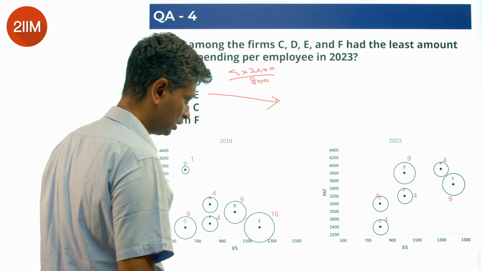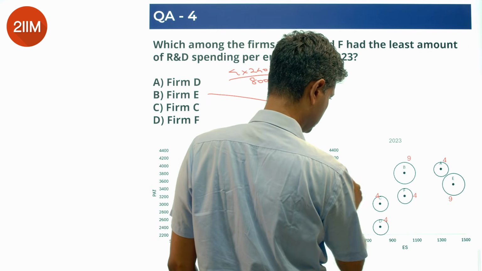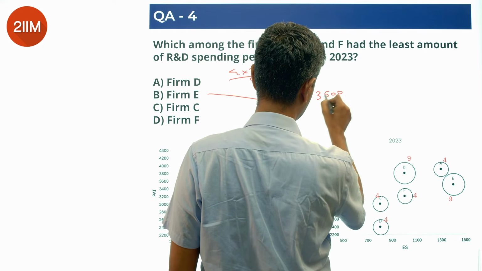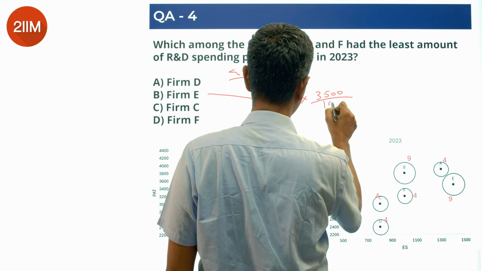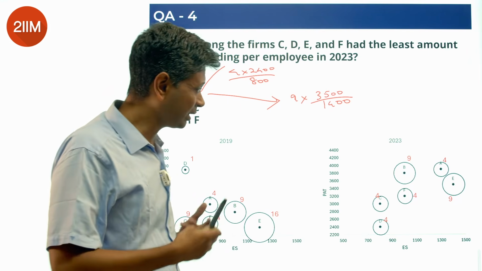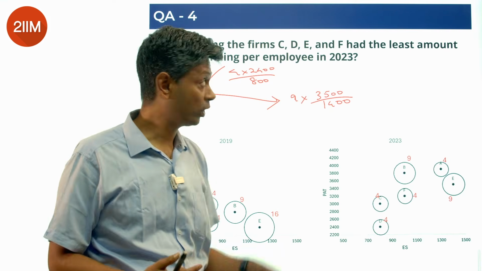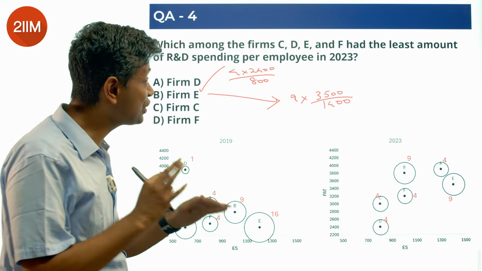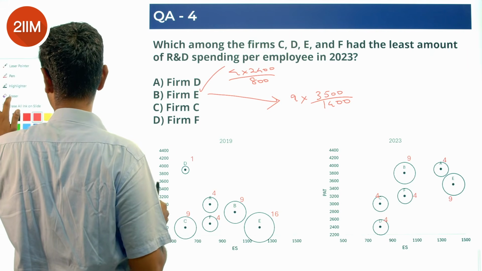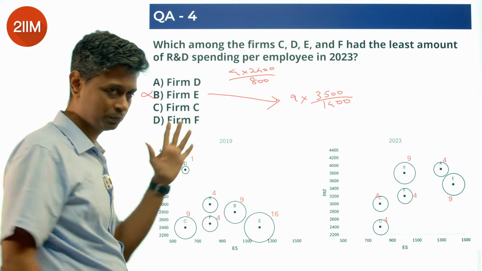E, 9 into 3500 by 1400. I'm already thinking E will be the answer, because that number 9 pulls more weight than this ratio can. Sorry, least number of spending. So it's not E. I'm not saying E is the answer. E or B would be closest if it were maximum. E, I think we can eliminate them.